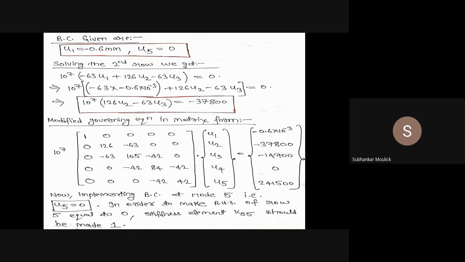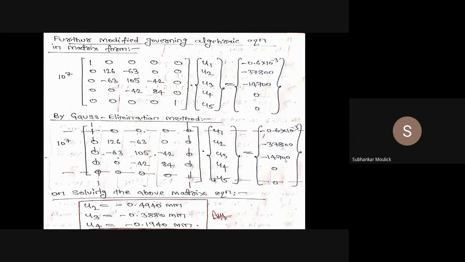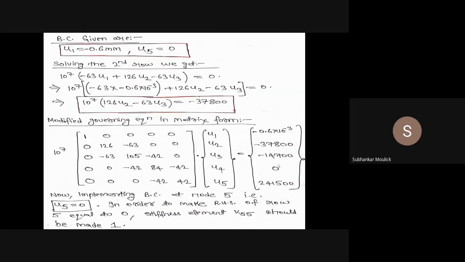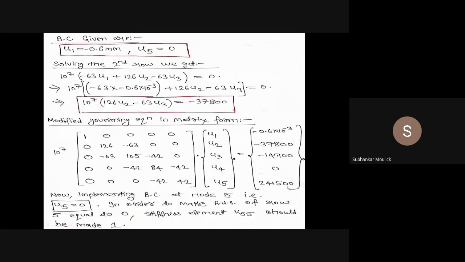The resulting matrix becomes 1 0 0 0 0, and the remaining matrix is the same, into u1, u2, u3, u4, u5 equal to: this value is minus 0.6 into 10 to the power minus 3, the second RHS value is nothing but minus 37,800, and the remaining value is the same, minus 14,700, 0, 24,1500.